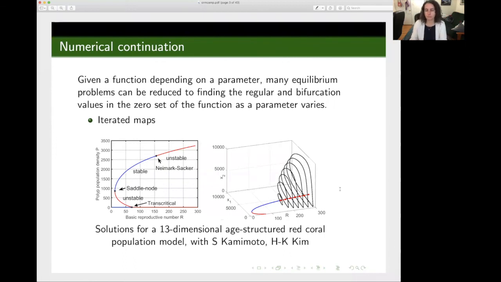And the right-hand side shows that at the Neimark-Sacker bifurcation, you get some invariant curves, although those haven't been validated.